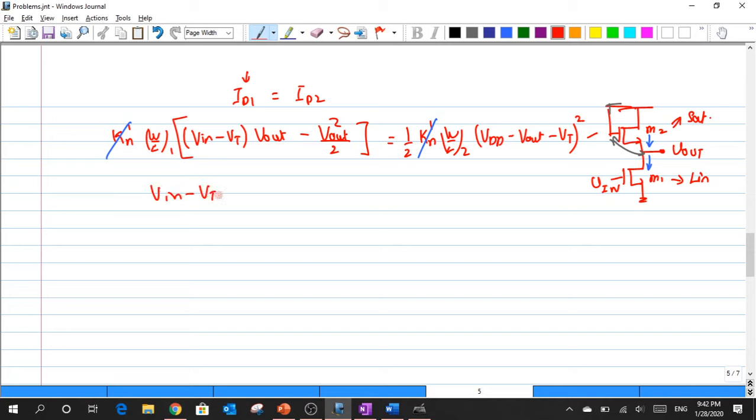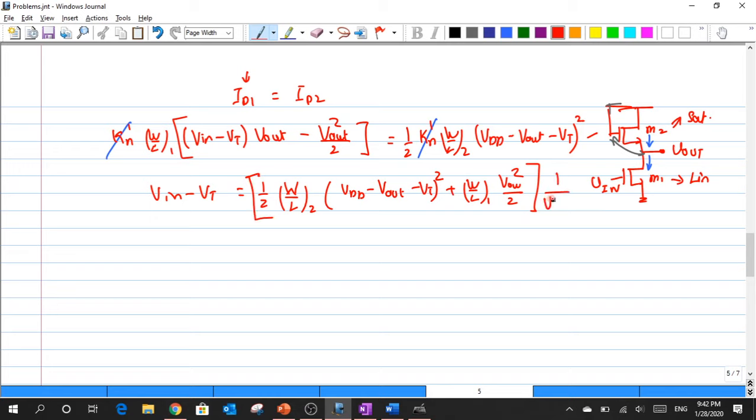I have something like Vn minus Vth1, or Vt, doesn't matter, and that's supposed to be equal to half W by L of 2, multiplied with VDD minus V out minus Vt whole square, plus W by L of 1 and then V out square by 2, and this whole expression has to be divided by V out W by L of 1.